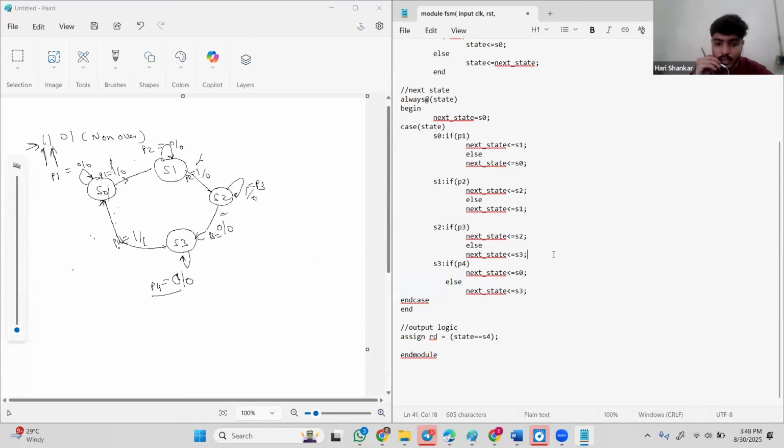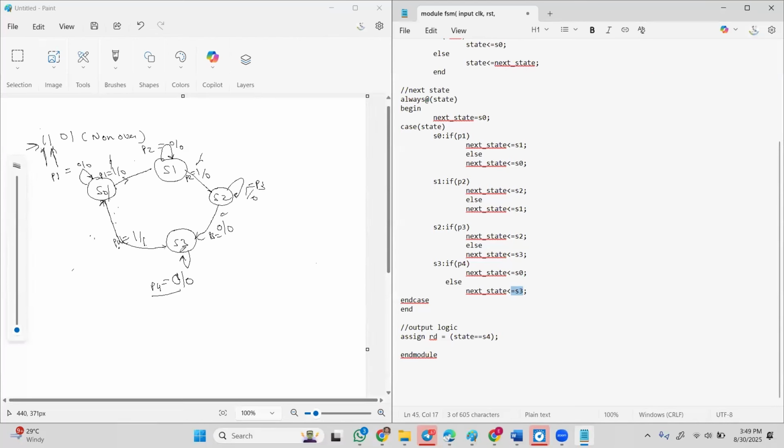So accordingly, we have written the next state from S3. If P4 is high, you are going to S0, right? Yes, sir. Okay, next state FSM. If it is low, then where is it going? S3. P4 is low, 0, then it is going to S3 only.